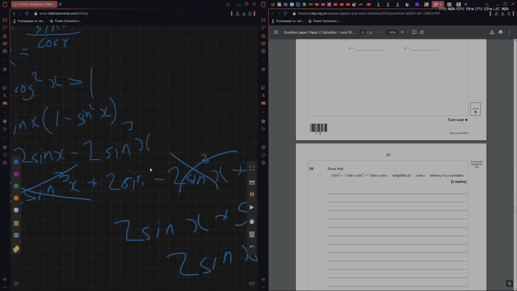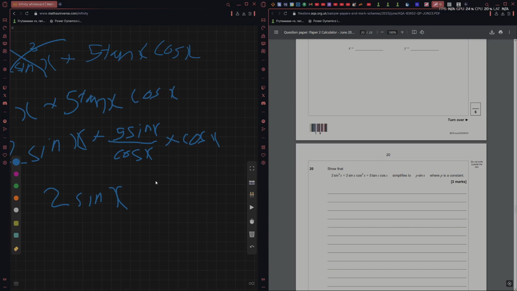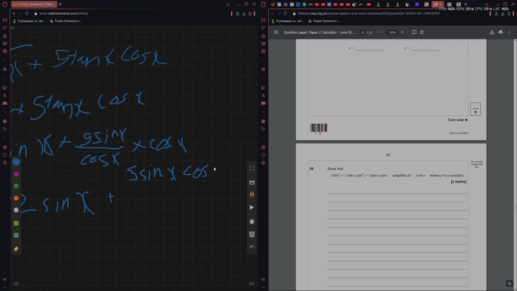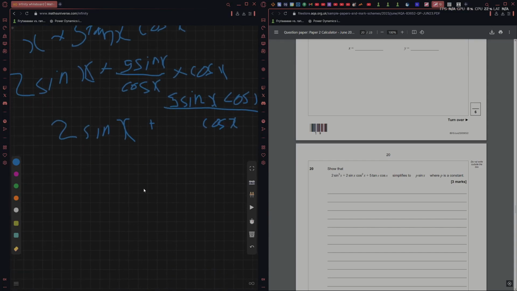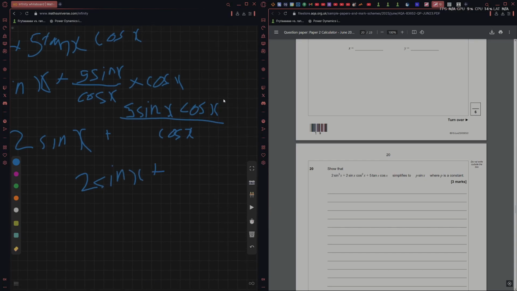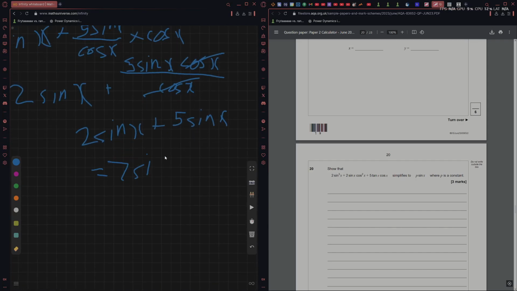So this all isn't squared. Right, then we have plus 5 sine x cos x over cos x. So then we have 2 sine x plus, because these two cancel out, you just get 5 sine x. That equals 7 sine x.